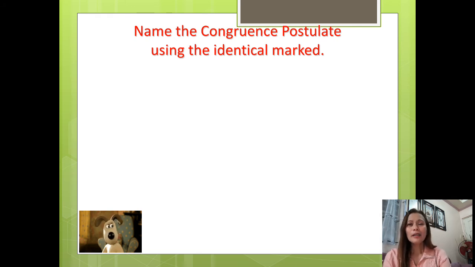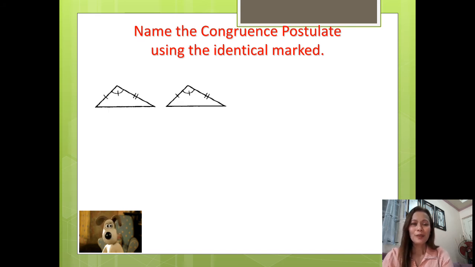Another one, name the congruence postulate using the identical mark. For figure number 1, using the identical mark, what do you think? There is an included part in between two sides. Therefore, there is an included angle. So the congruence postulate is SAS.